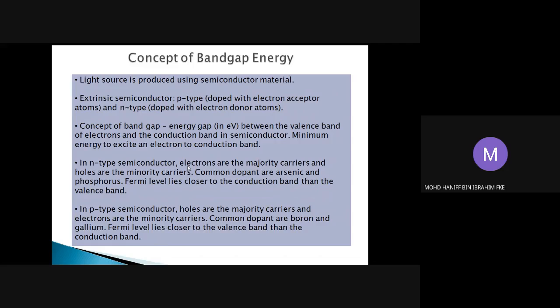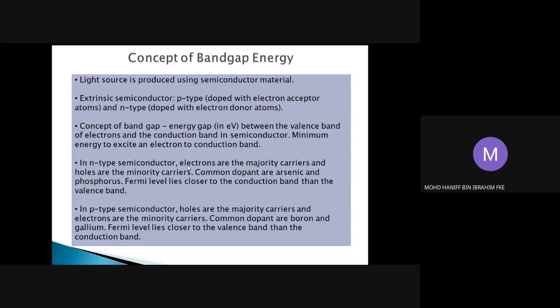You know that the light source is produced by using a semiconductor material. We understand this because of what we learned in year 2, in electronics.